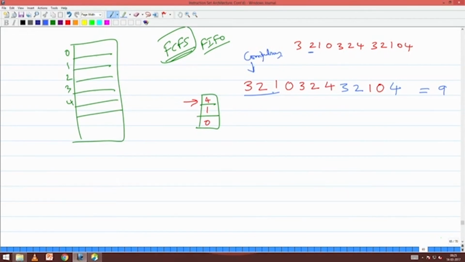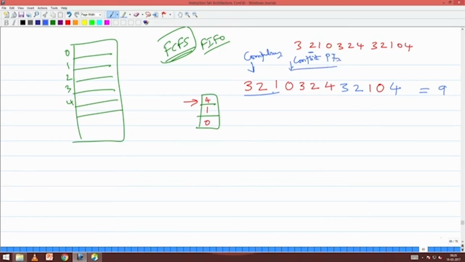The remaining ones happened because we loaded something and then undid it and loaded something else. So after 3, 2, 1 came, 0 got reloaded, right? So these are called compulsory page faults, and the remaining are called conflict page faults. They came because of some conflicts.